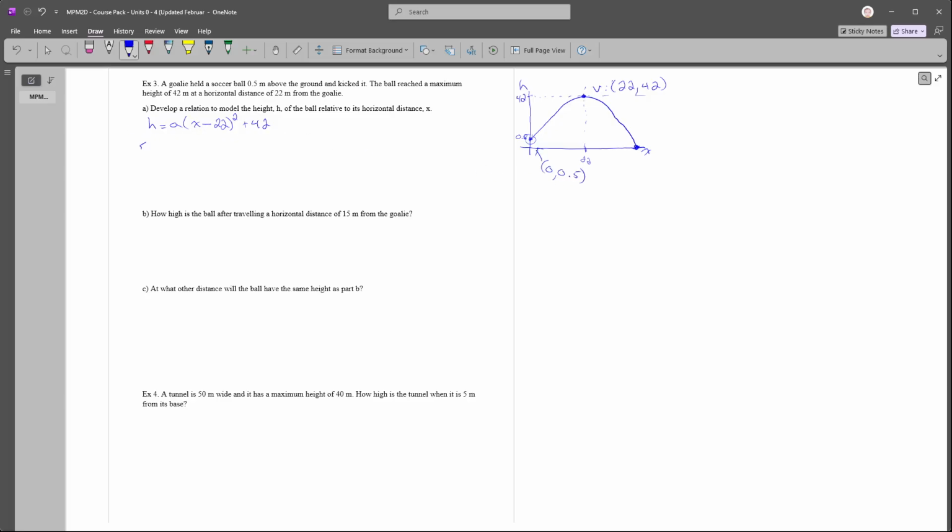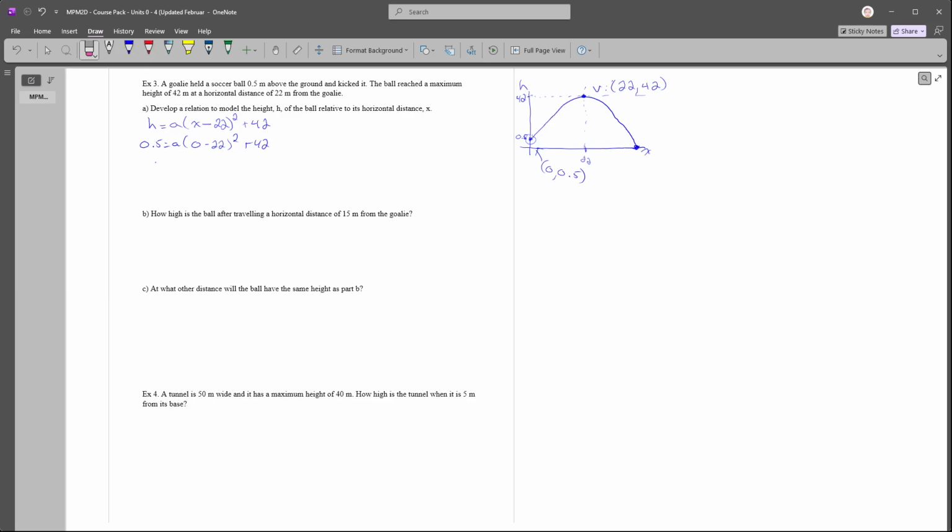So the height of 0.5 is equal to a times (0 minus 22) squared plus 42. And 0.5, let's bring that 42 over to the other side. So that means we're going to have negative 41.5 on the left-hand side. And then we're going to have 22 squared inside, which is 484.